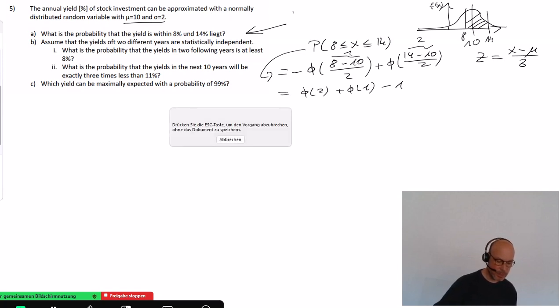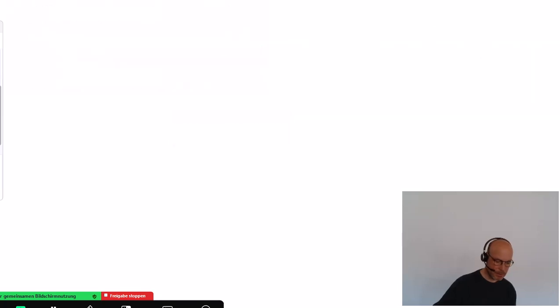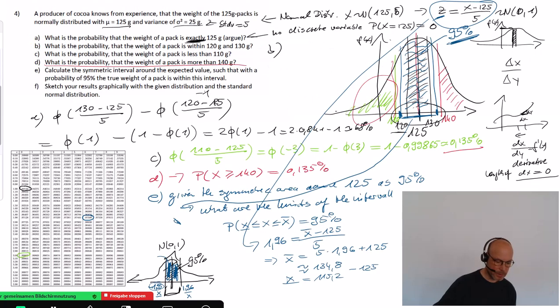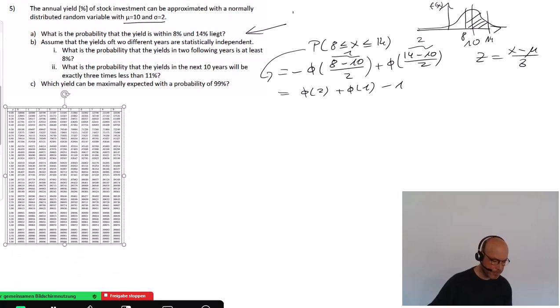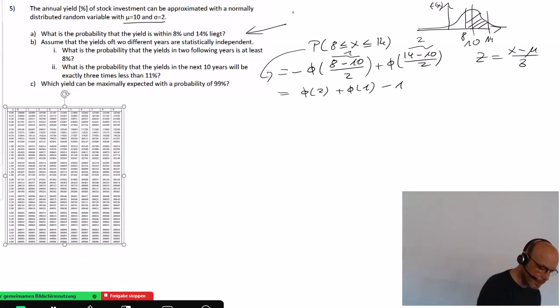Again, I need the table. Saving process takes a little bit longer. So this I need again. So 1 we had already sometimes, and this is again here, and now we need also the 2.